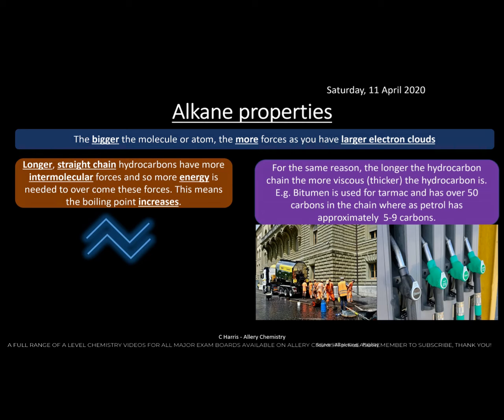It's a solid, and it's a lot thicker than, say, petrol or unleaded, which has only 5 to 9 carbons and is completely liquid. Much different to tarmac. So you can see the physical properties. Both are made from hydrocarbons, but their physical properties are different, and that's because of the length of the carbon chain and the intermolecular forces that hold them together.